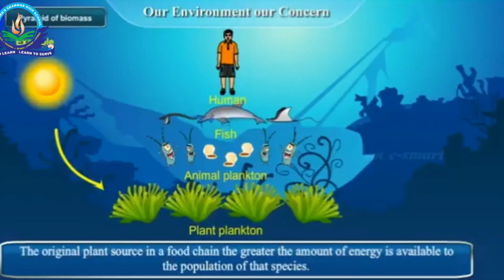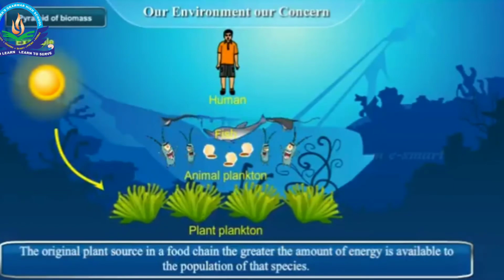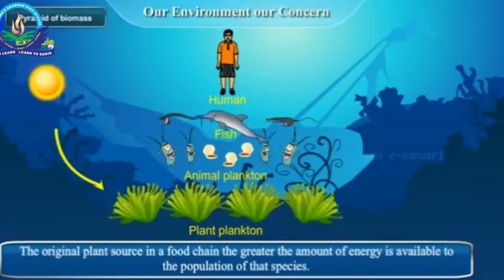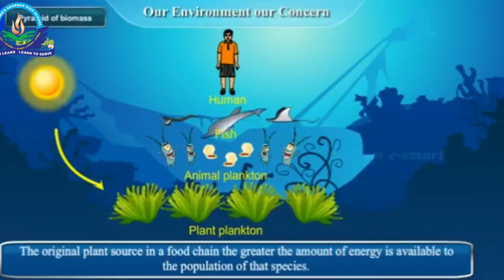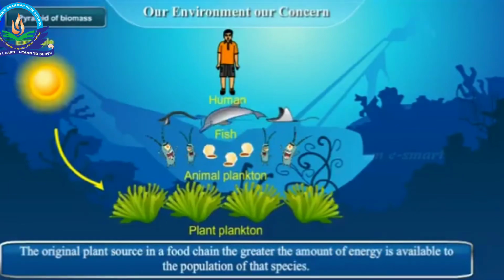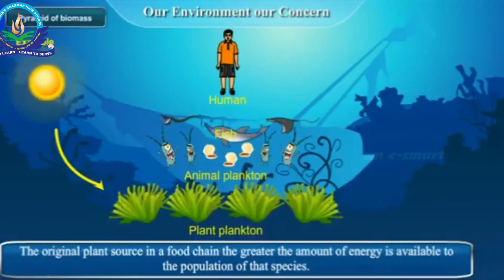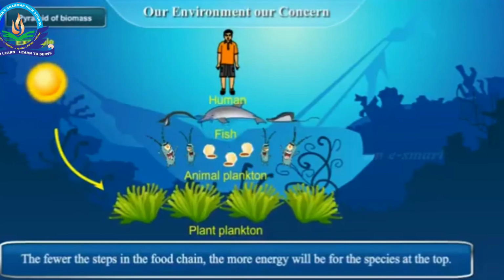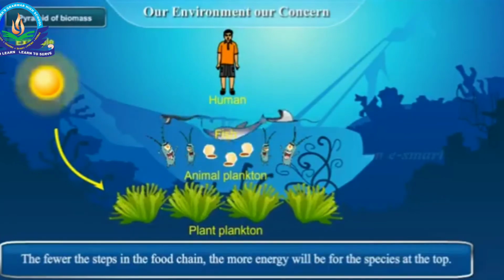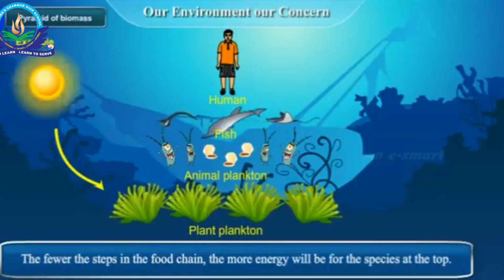From the original plant source in a food chain, the amount of energy available to the population of that species decreases. The fewer the steps in the food chain, the more energy will be available for the species at the top.